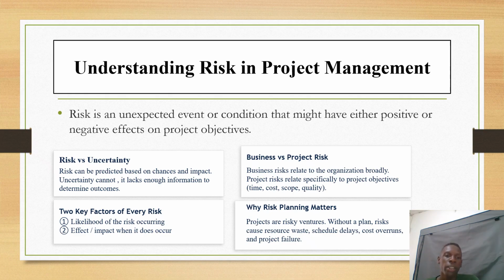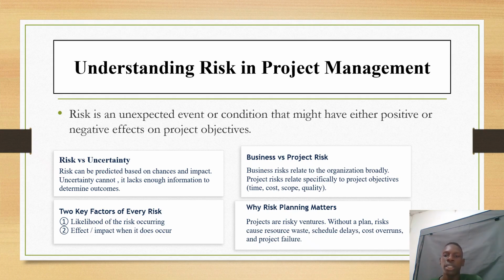For every risk, there are usually two factors: the likelihood of the risk occurring, which I can also call the probability, so it can either occur or not, and after occurring, the second factor, which I can call the effect or the impact. Those are the two factors that determine the risk. Then we can distinguish between business risks and project risks.